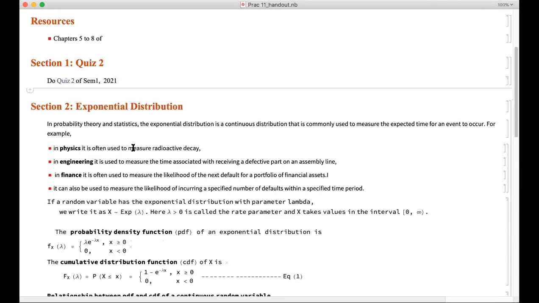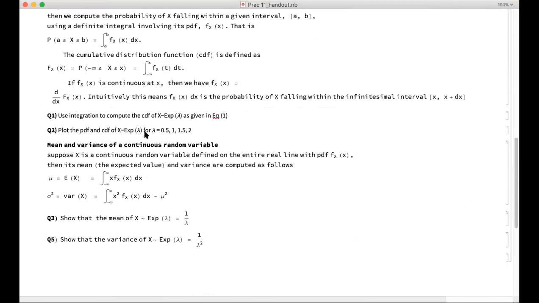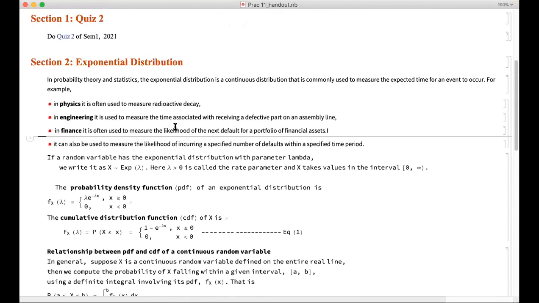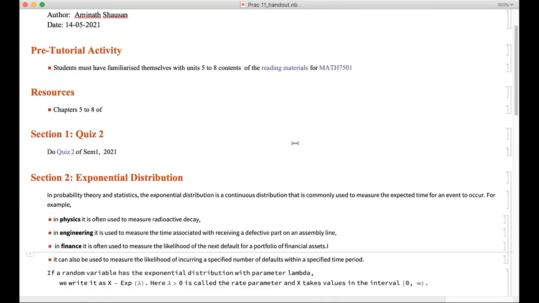And section 2, we'll discuss exponential distribution and explore some of the properties. And you are going to derive some of those properties using calculus.